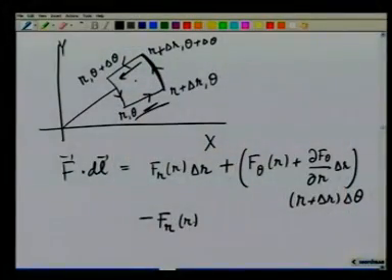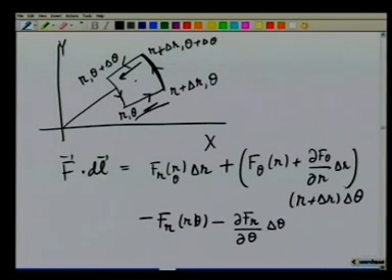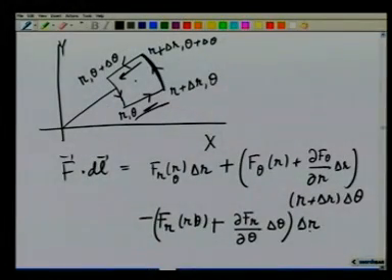So, this becomes minus f_r, however this is f_r at θ + Δθ. So, this is going to be minus f_r at (r, θ), minus how the radial component of f changes with respect to θ, ∂f_r/∂θ Δθ, and the distance I cover, Δr. And finally, when I come along this path, it is going to be minus f_θ at (r, θ) times r Δθ.